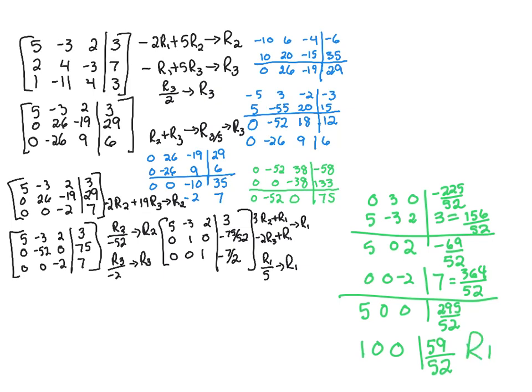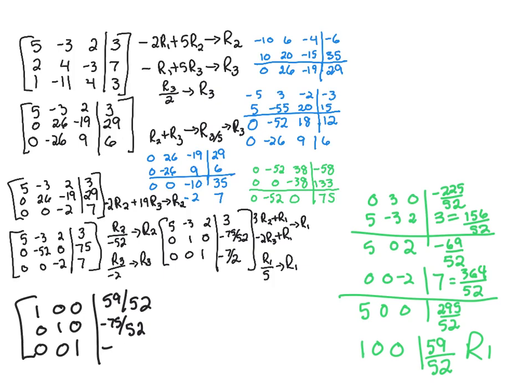So rewriting the entire system now, row 1 is 100 augmented with 59 over 52. Row 2, copy it down from before, 010 with a -75 over 52. Row 3 is 001, -7 over 2.